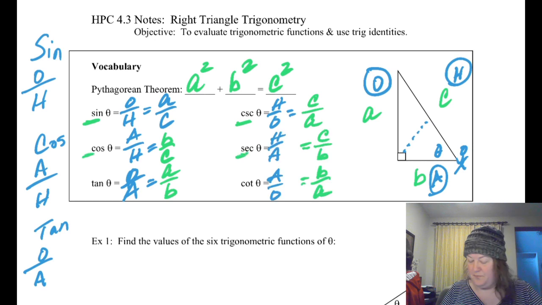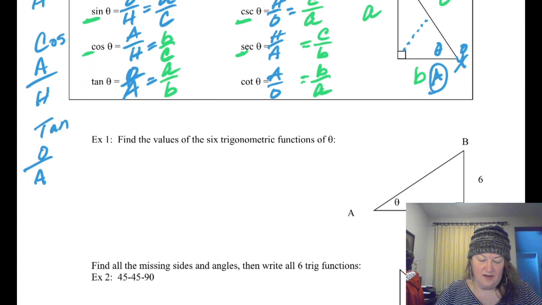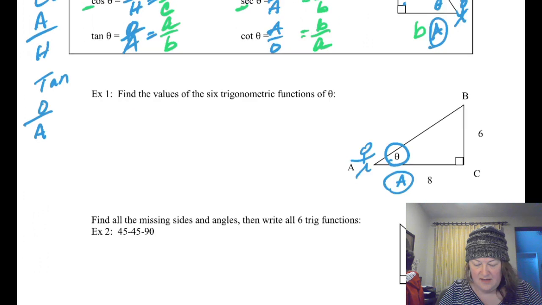Okay, so if I want to find the values of the 6 trig functions in example 1, we are looking at this triangle here. It's only got two sides though. See how they put a theta symbol right here? We're going to do all of our side names based on standing right there by the angle. Remember, my two feet are always going to stand on adjacent and hypotenuse, and if I go all the way across, I'll get opposite.